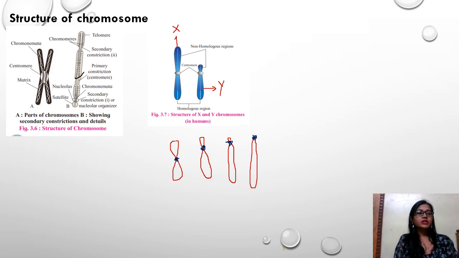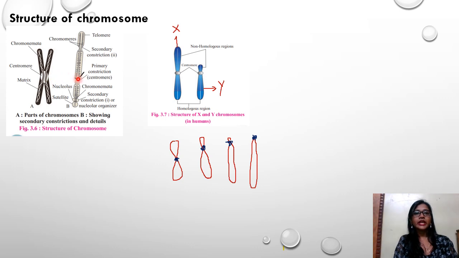These chromatids are attached at a central point, which is called the centromere. Where they are attached, that part is called the centromere. This is the centromere where the two sister chromatids are attached. This is the matrix.